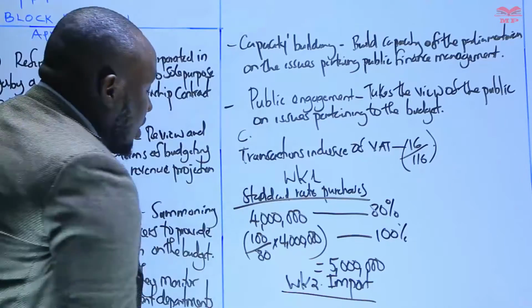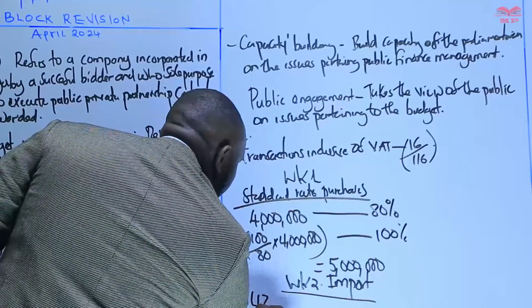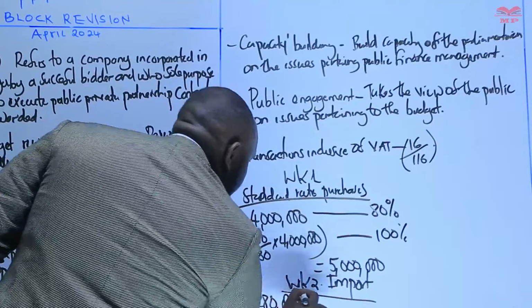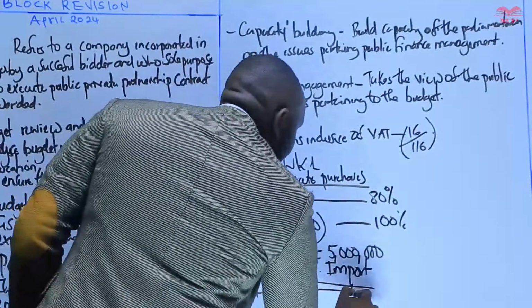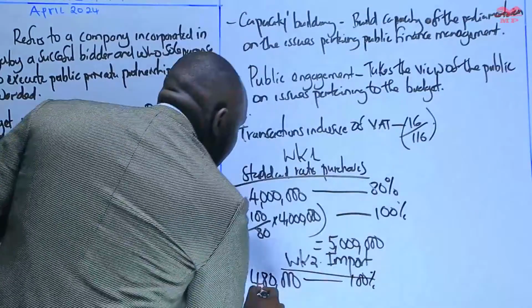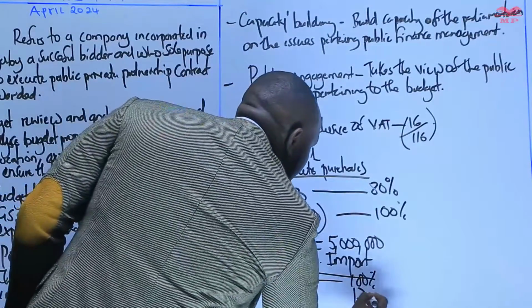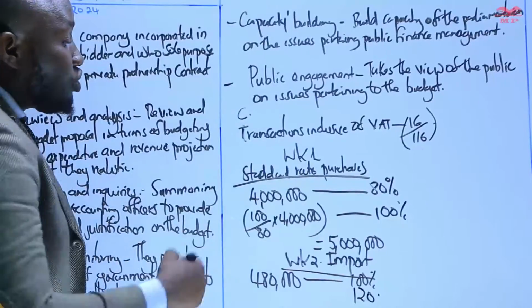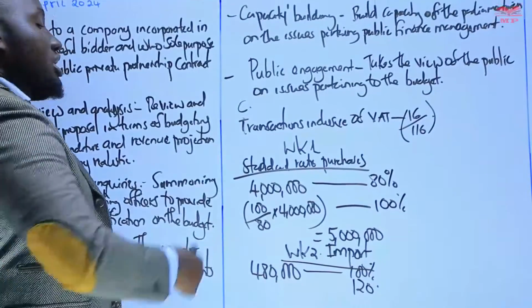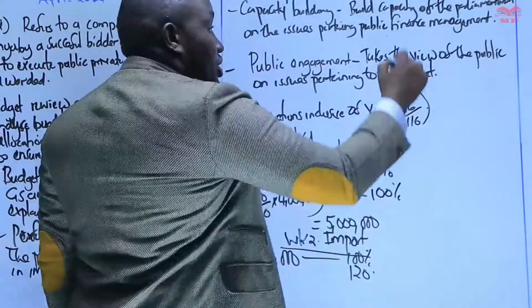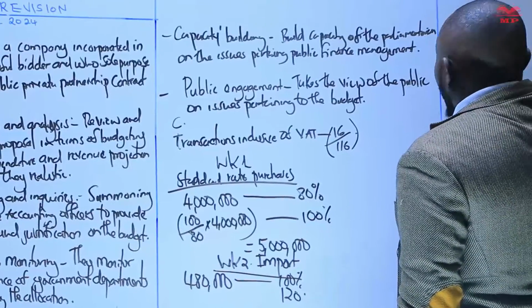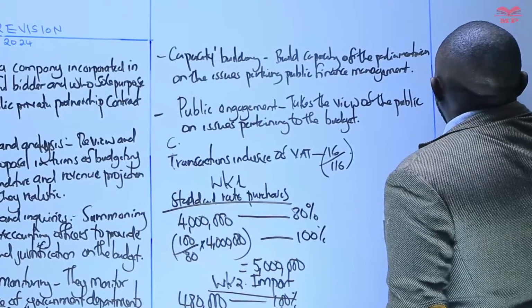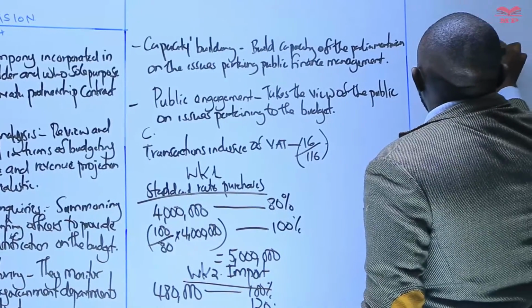So we have 480 without the import duty, that is basically 100%. With the import duty, that should be 120, instead of 20%, so we have it as 120 over 100 times 480.